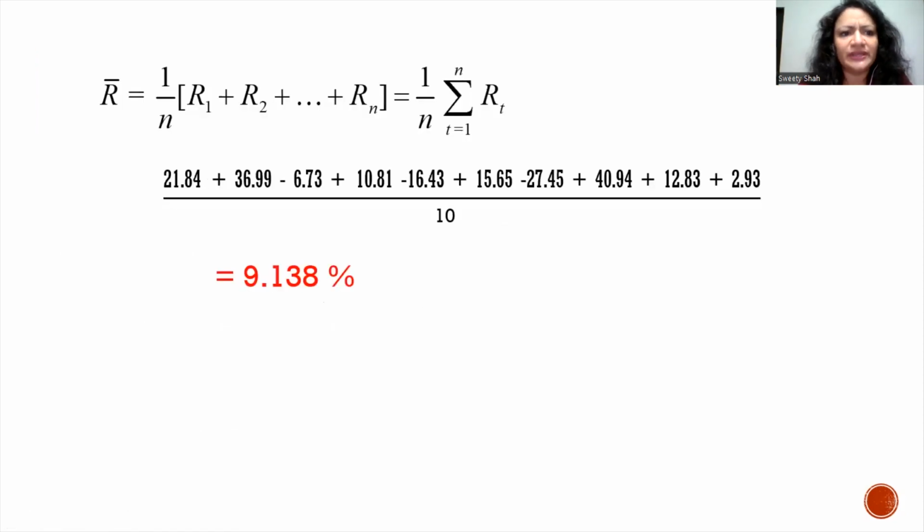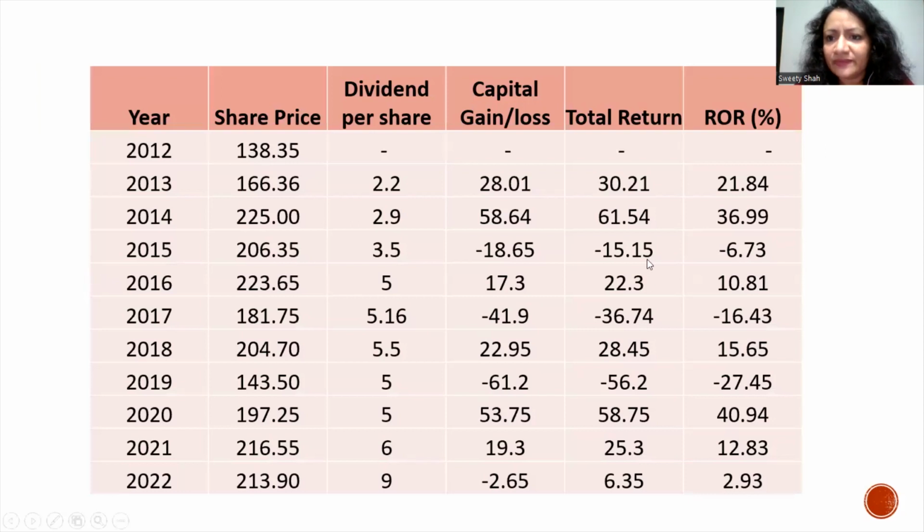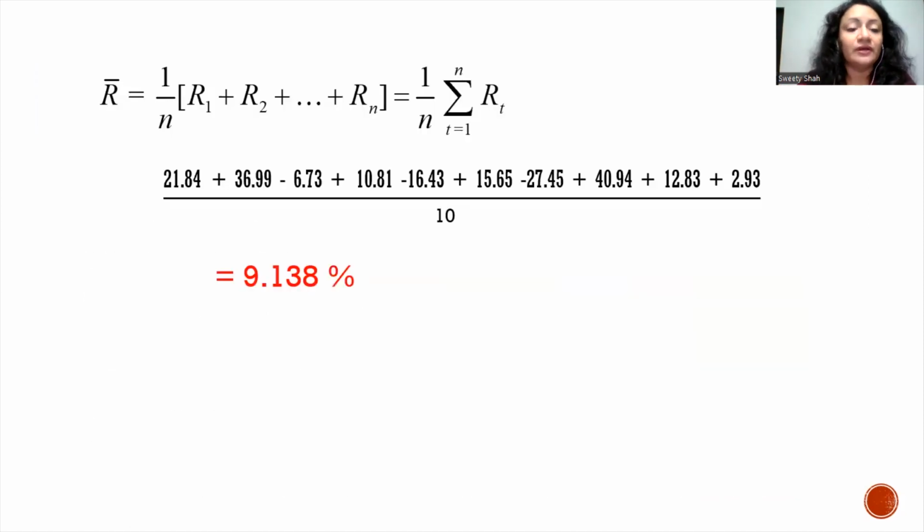If you look at the calculation of the same example that we discussed earlier, we have already calculated the rate of return over the period from 2013 till 2022. If I want to understand the average return that I have earned out of this investment, I first calculate the summation of all these returns divided by 10 periods.